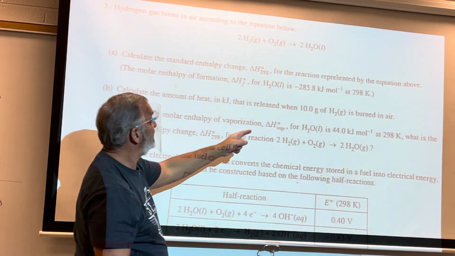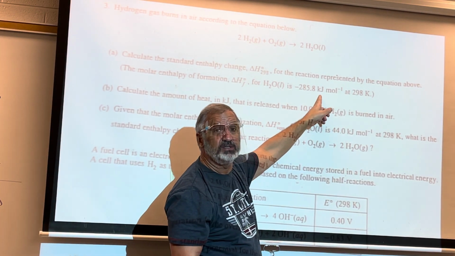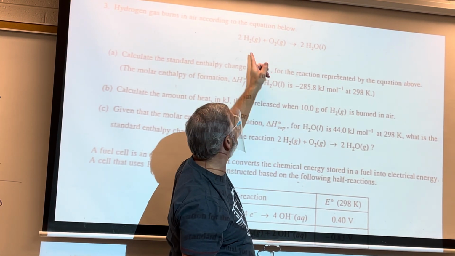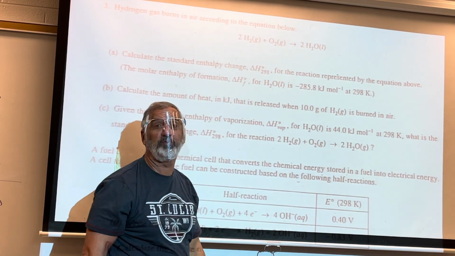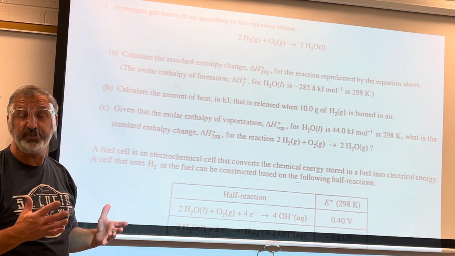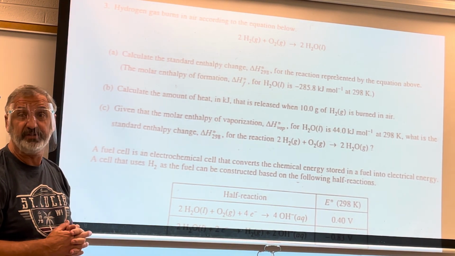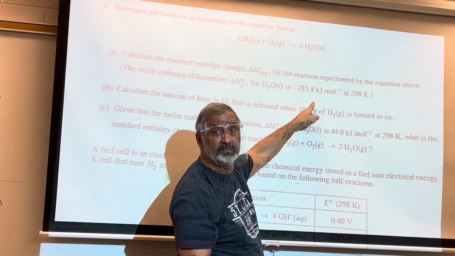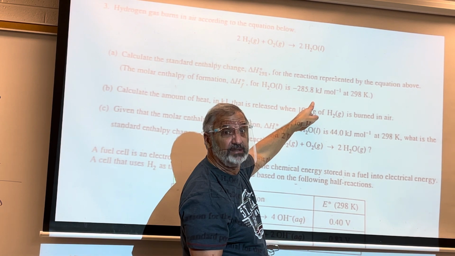But this is kilojoules per how much? Per 1 mole of water. Well, in this reaction, how many moles of water are being formed? 2. If we did products minus reactants, which we could do to calculate the delta H on this, we would just multiply 2 times this, products, minus what? 0.